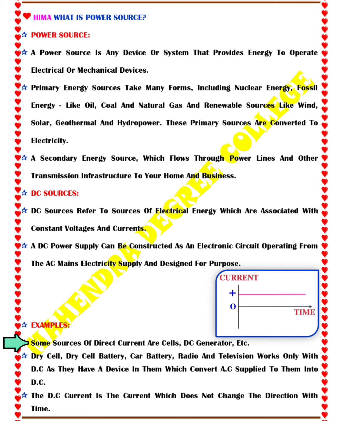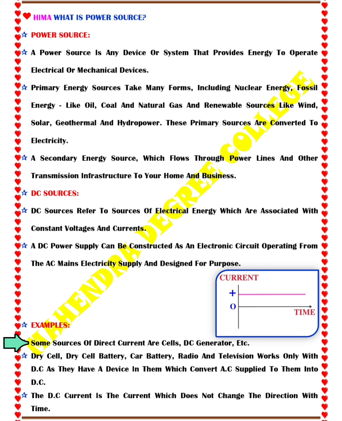Cells like dry cells or batteries and DC generators are common sources of DC power. Other sources are solar panels or photovoltaic cells, DC power supplies, and fuel cells.